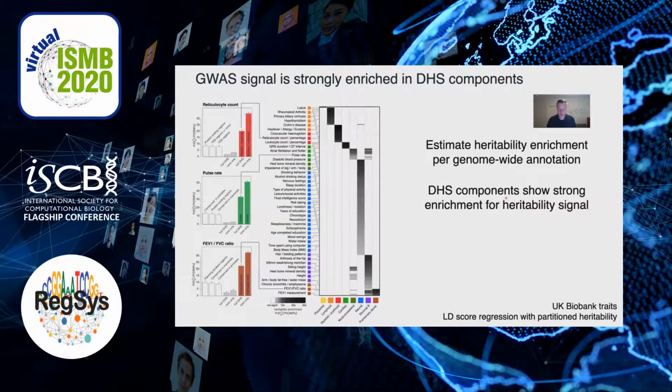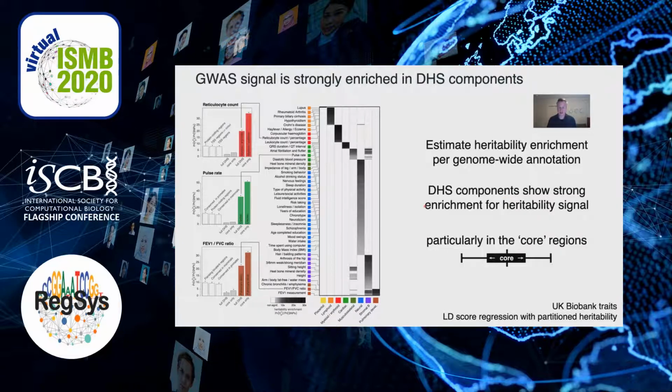We can also use these data to annotate genetic variation and trait association. And we find that DHSs annotated with specific components much better capture the heritability signal than unannotated DHSs or other genome-wide annotations. We find that this is the case for more than 260 traits in the UK Biobank.